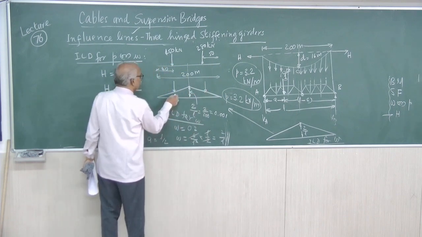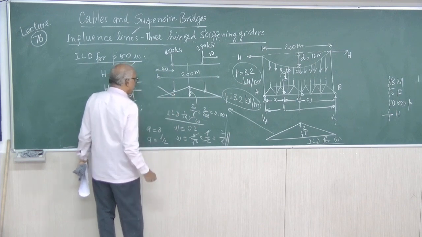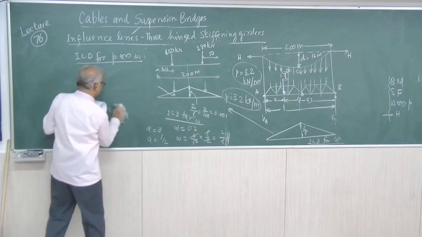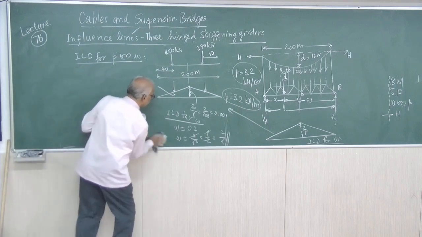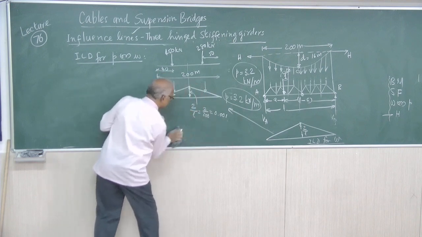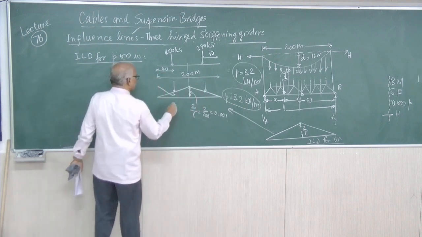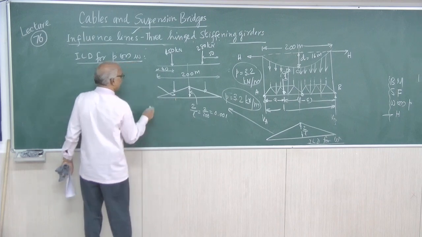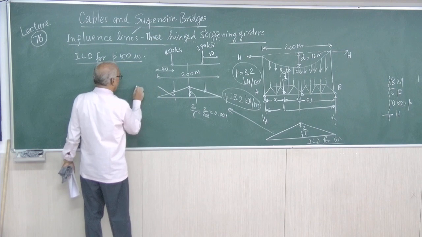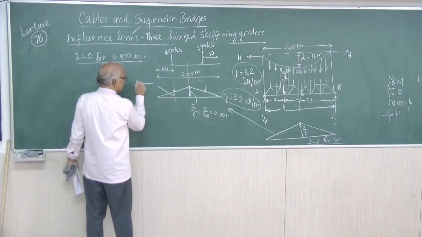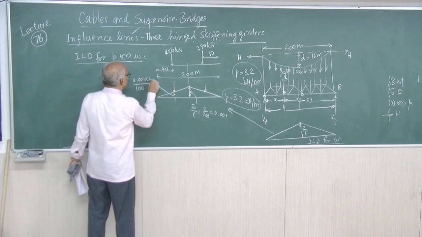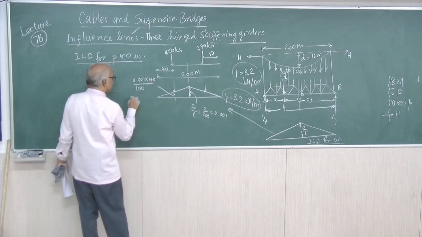Right. Now, this ordinate will be, so this is 40. So for 100, from here this is 100. For 100, if it is 0.01, what is the value for 40? This value you will have to get.